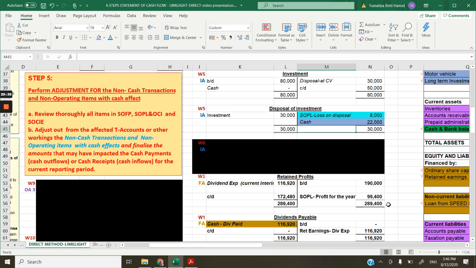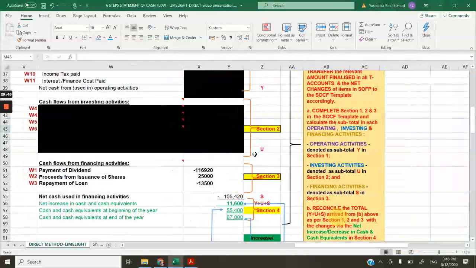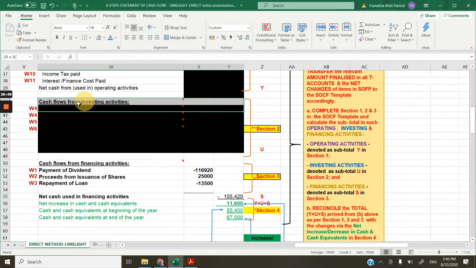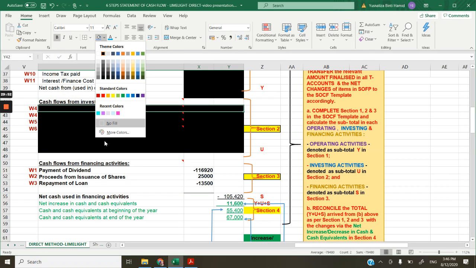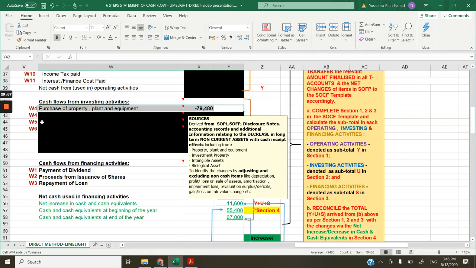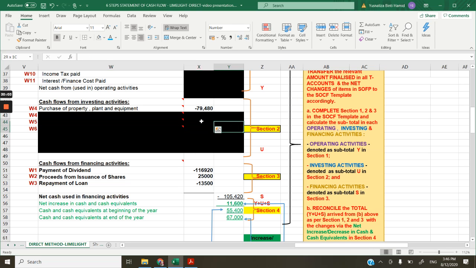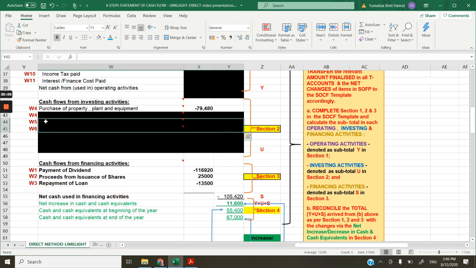Debit bank, credit the disposal. You can also do this straight away in your investment account without the help of disposal, and then you will transfer it here. Okay, transfer there. So I've done that actually for my working here. Just back to let you see.